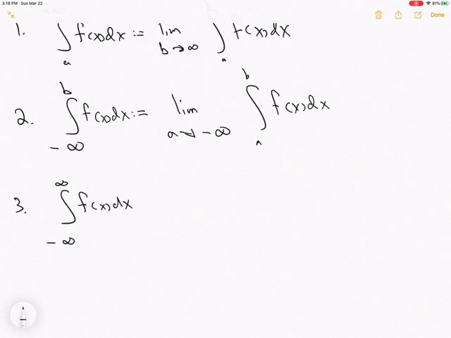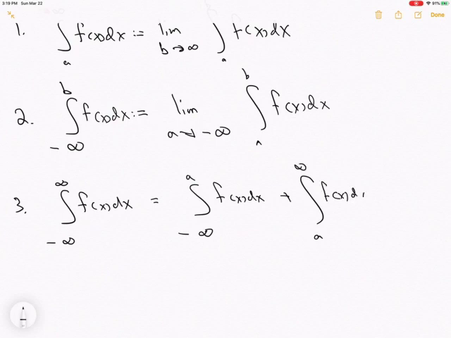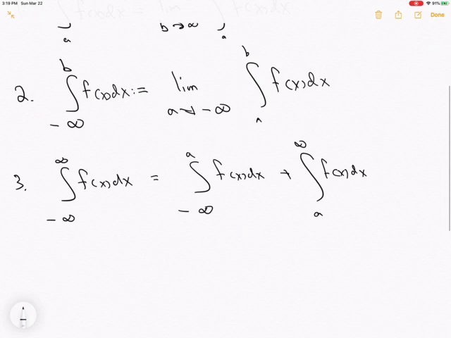You can pick any point you want, and define that to be the integral from minus infinity to that point of f of x dx plus the integral from that same point to positive infinity of f of x dx.